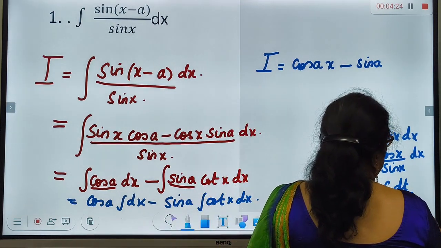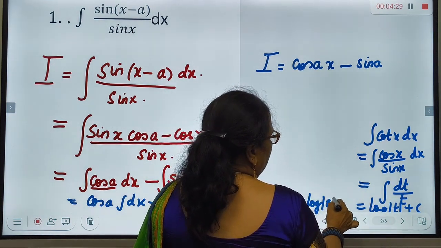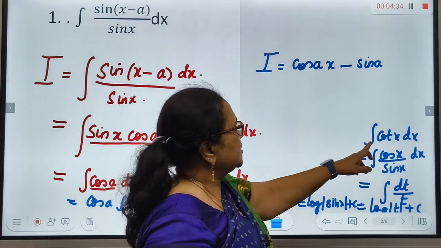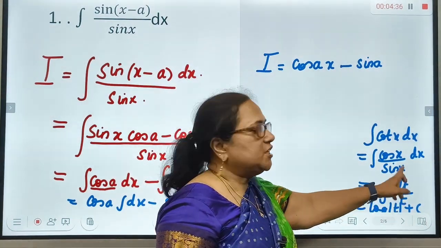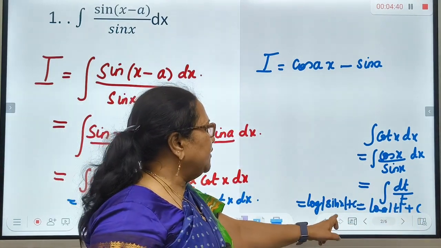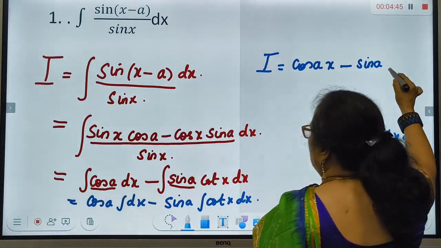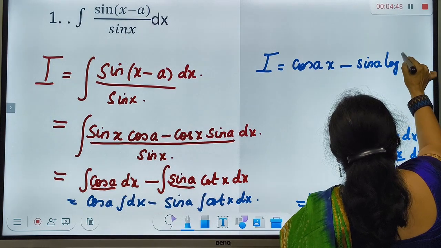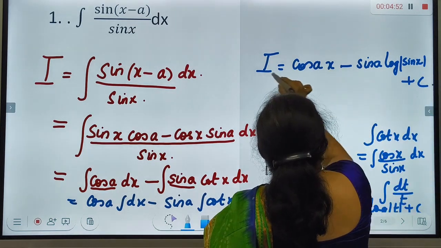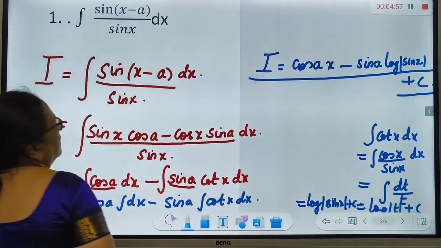If I put sin x as t, cos x dx becomes dt, so it is reduced to integral of dt by t, which is log mod t plus c, which is further log mod sin x plus c. So this is minus sin a into log mod sin x plus c. So this is the value of the integral.